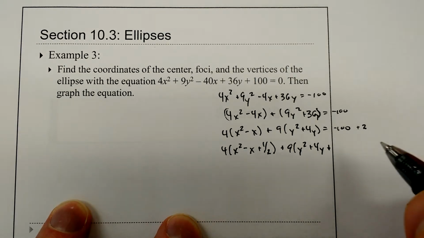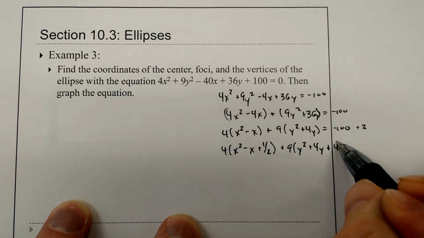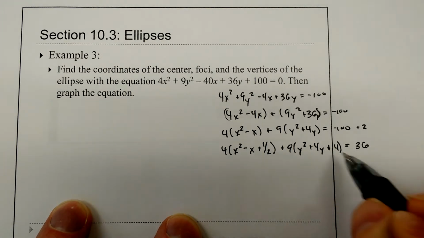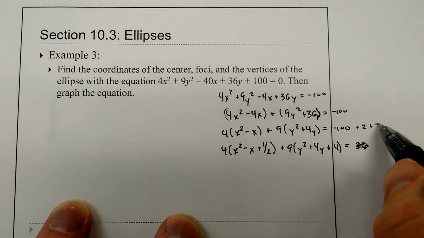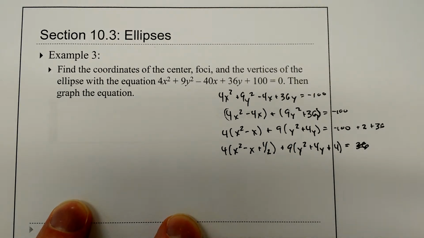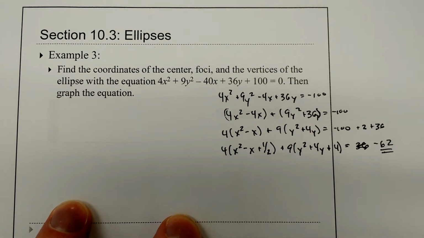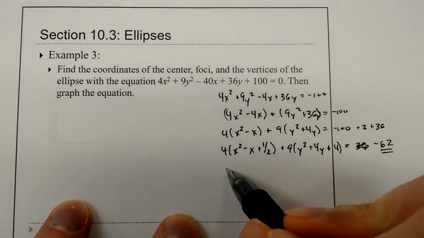This one might actually be unsolvable. So that's going to be 36. Oops. Negative 100 plus 2 plus 36. Yeah, since I have a negative number over here, it's actually impossible to finish this problem. What you'd actually do would be you'd collapse.